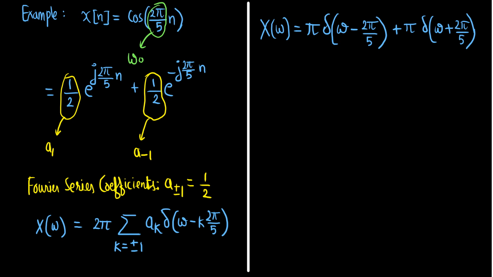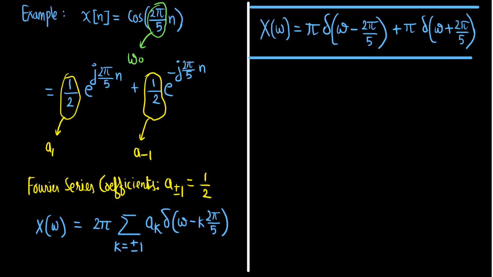So this is the Fourier transform of the periodic signal, that is cos of 2 pi by 5 times n. So that's the beauty of the Fourier transform.